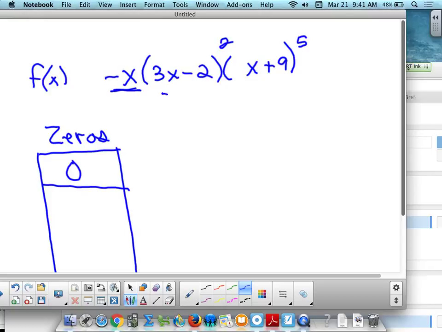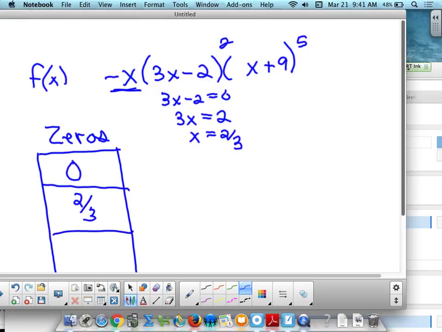Here's how you do it. Set it equal to 0. Add 2. Divide by what? 3. Look, he got it. 2/3. Okay, how about the last one, x plus 9? When x is -9. Okay, got it.